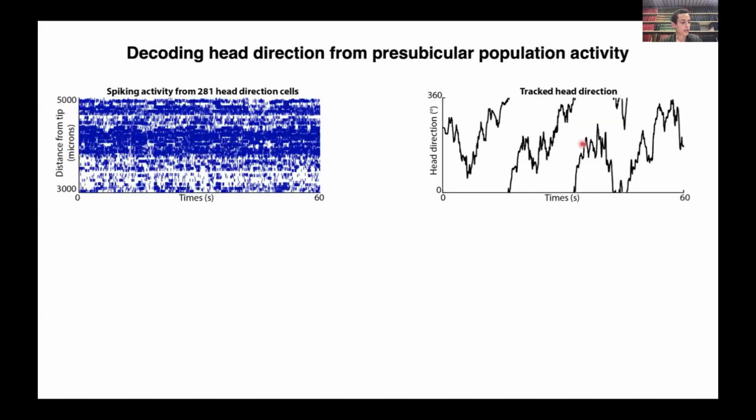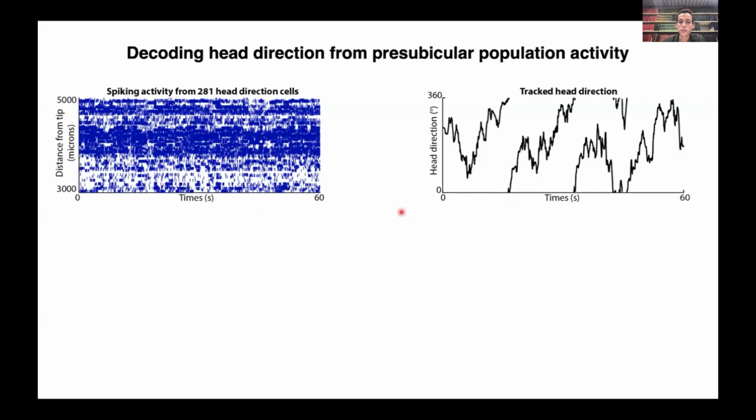So I'll now walk through an example with head direction cells recorded in the dorsal presubiculum. So a large number of the cells in presubiculum are tuned to the animal's head direction. And here you see the spiking activity of 280 of such cells over a period of a minute. And to the right here, you see the animal's head direction during the same period.